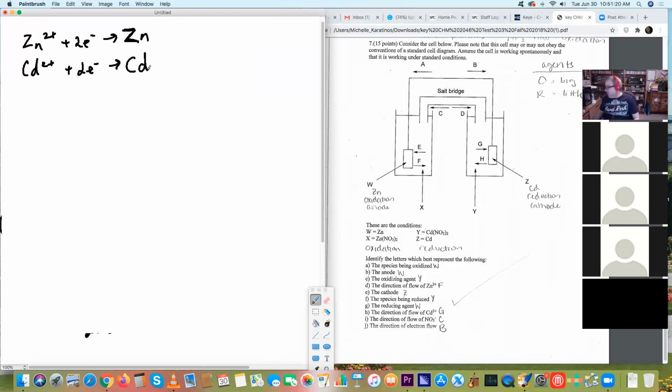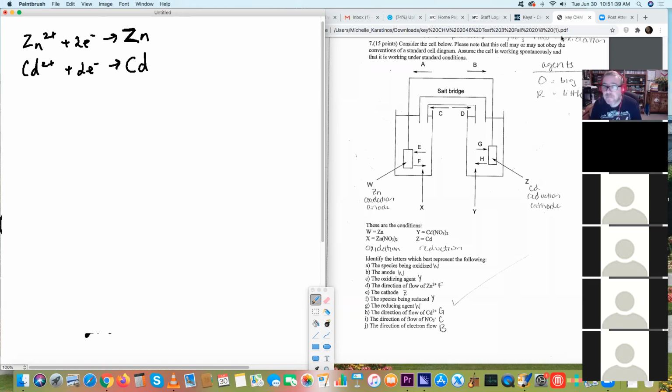I know this because I can see that the cadmium is 2+, it needs 2 electrons to become cadmium solid. Likewise, the zinc 2+ needs 2 electrons to become zinc. So I'd be trying to hunt these reactions down on the reduction potential table.